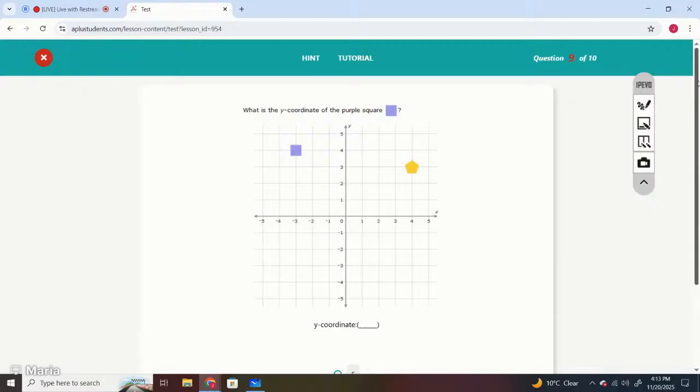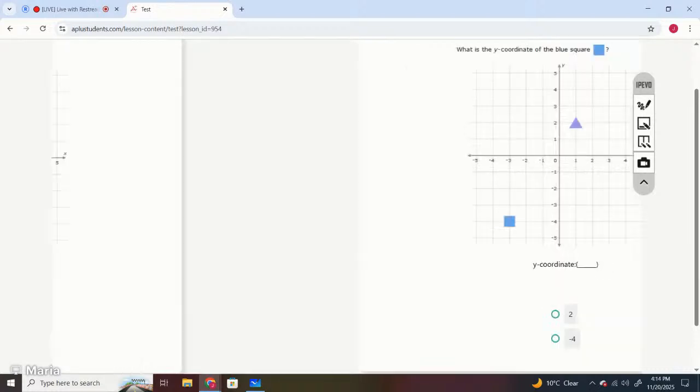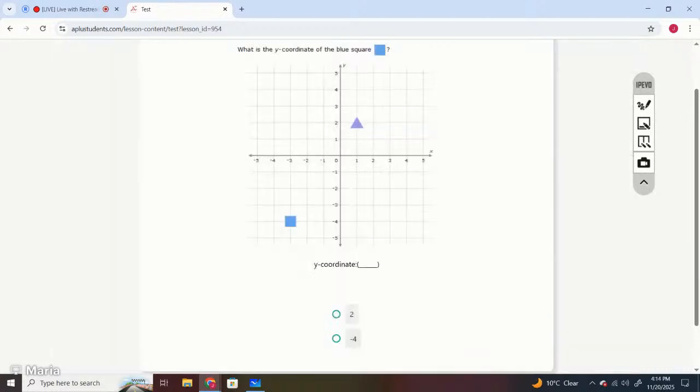What is the y coordinate of the purple square? The y coordinate of the purple square is 4. Option number 2 is the correct option, that is 4. What is the y coordinate of the blue square?